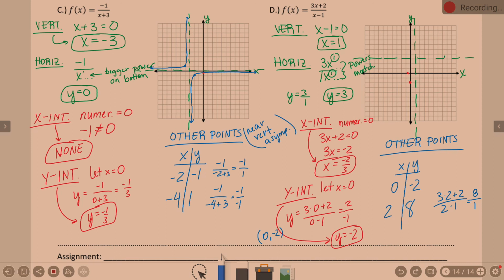Right 2, up 8. Puts me in the upper right place, doesn't it? Now, if you really want enough points to make this look right, you can plug in more points. However, I'm just going for the basic shape here. And we have enough to know where my two pieces are. Okay?